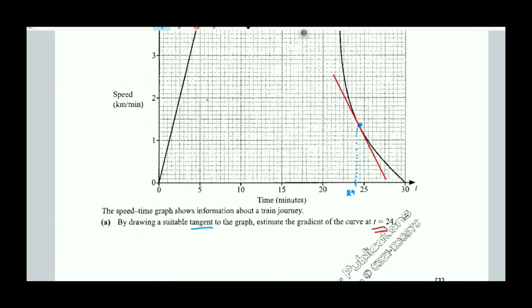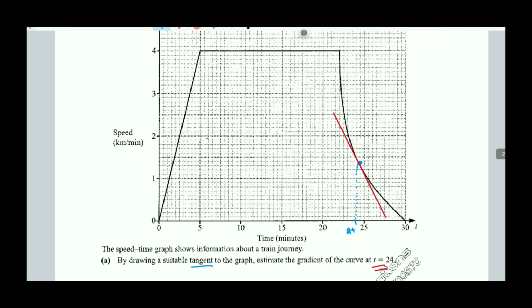Like if I will take this point, this one point, it is 25 and 1. And if I will take another point, if I will extend it, it can be like that.